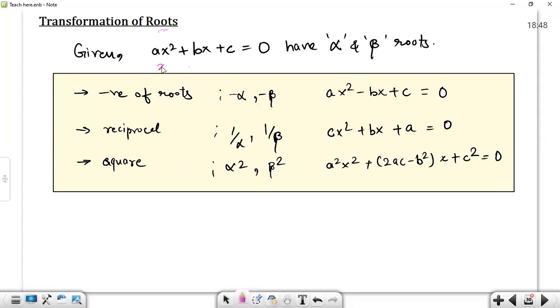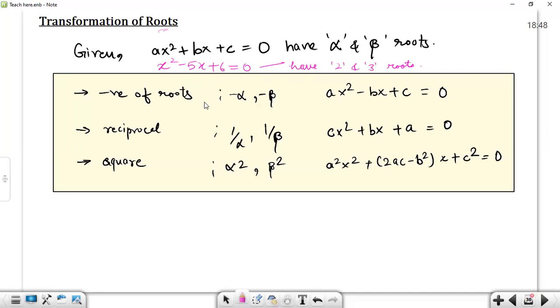Now let's say, what are its roots? I just made this quadratic equation by myself, by summing 2 and 3 and multiplying 2 and 3 here. So now let's say it is a given condition that you have this quadratic equation and these two roots.